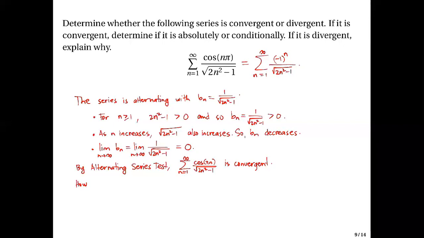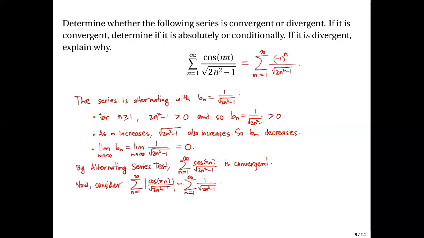Now consider the series with the absolute values, cosine of pi n over square root of 2n squared minus 1, from 1 to plus infinity. But this is just the series from n equals 1 to plus infinity of 1 over square root of 2n squared minus 1.